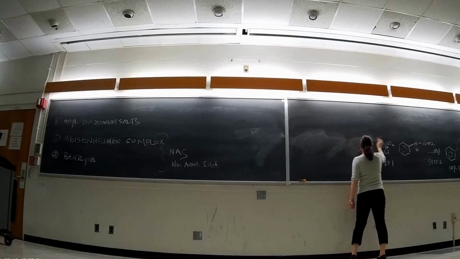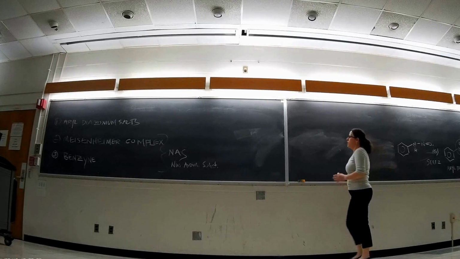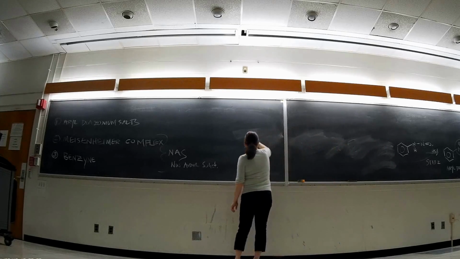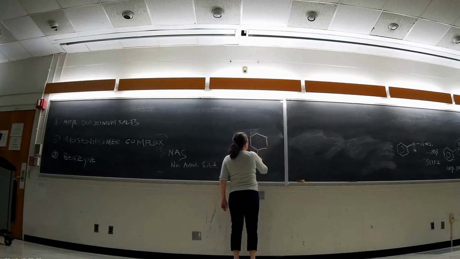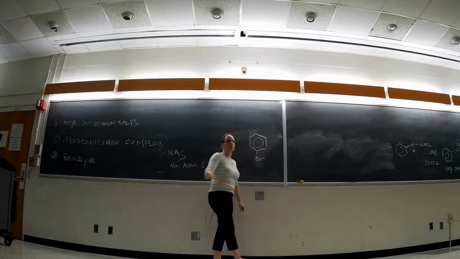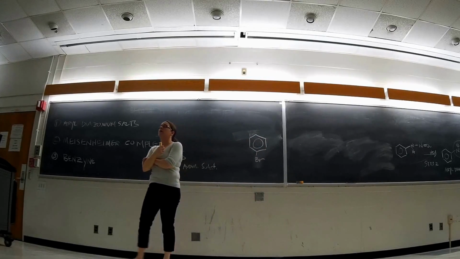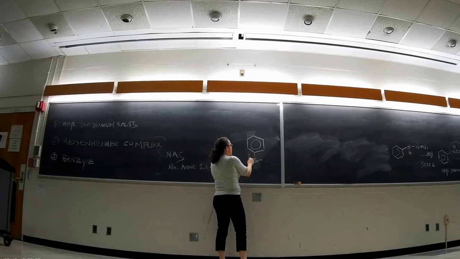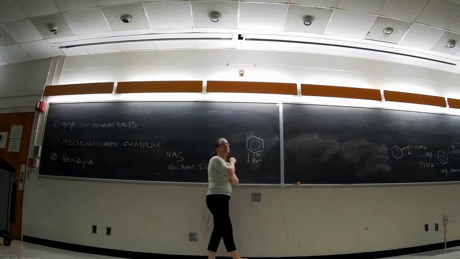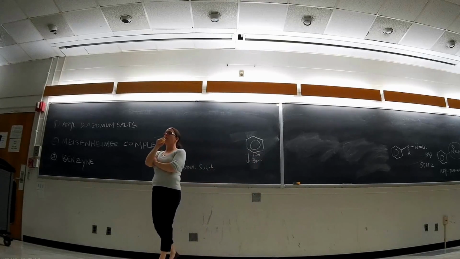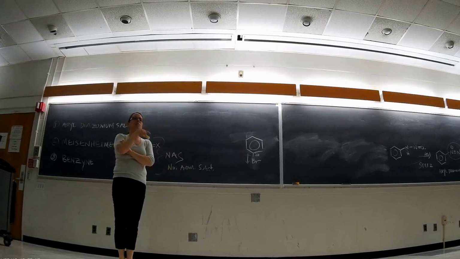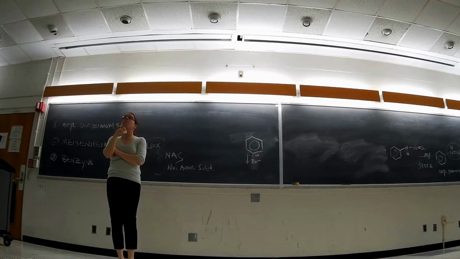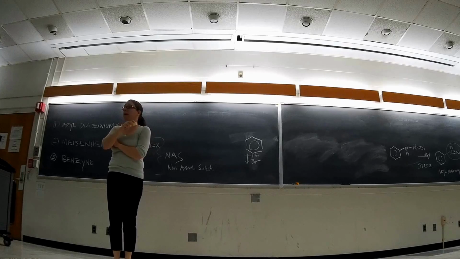Because in nucleophilic aromatic substitution, generally you have a benzene that has minimally a leaving group on it, like Br. And what you're trying to capitalize on here is the carbon on the ring that the Br is attached to being electrophilic.